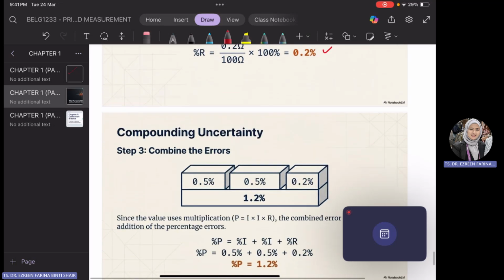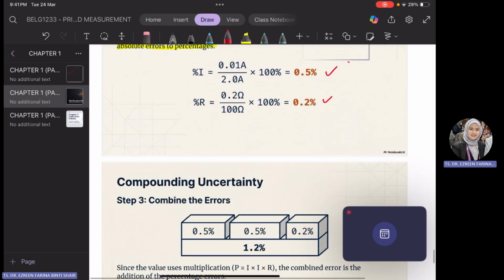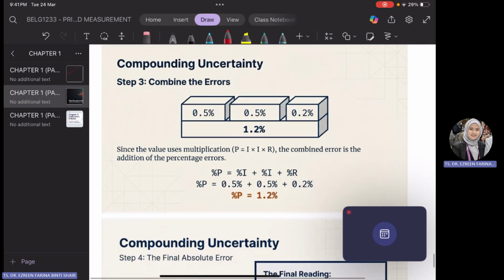Okay, so now we already have the errors in percentage. Now we need to combine the errors. We know that this is I multiply with I multiply with R. So for the multiplication, we need to add all the percentage errors. So the total percentage error for power will be 0.5% plus 0.5% plus 0.2%.